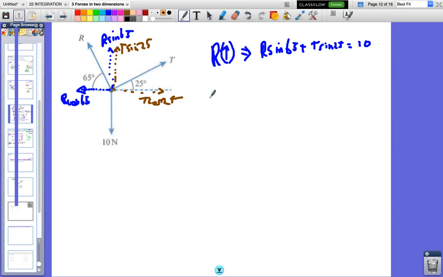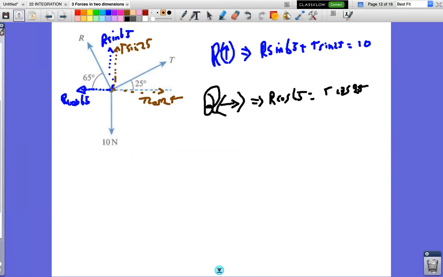And then we resolve horizontally. We will get R cos 65 is equal to T cos 25.